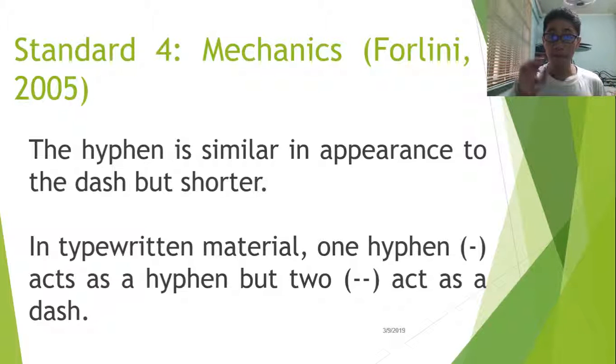So you type first, let's say 3, and then space, two consecutive hyphens, and then space again, then let's say 10, and then space. Automatically, Word should be able to conjoin the two hyphens together to form one dash.